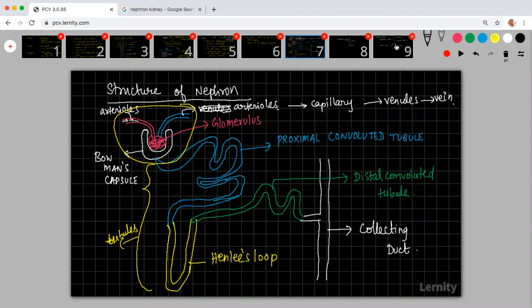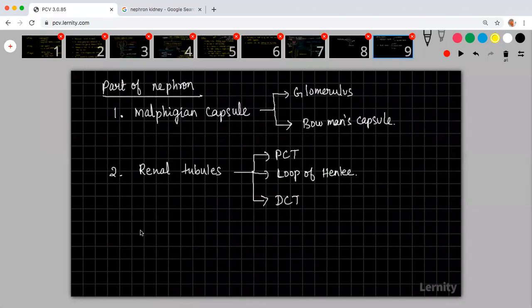Now you should know the steps in urine formation. You have three parts. The first step that you need to know is ultrafiltration.